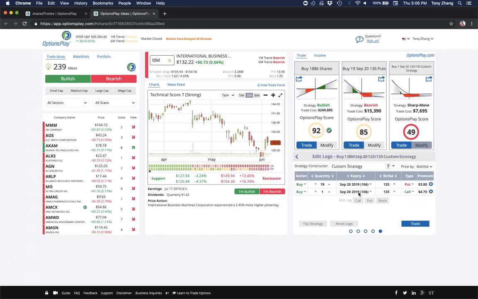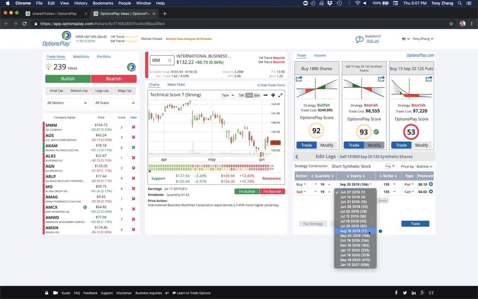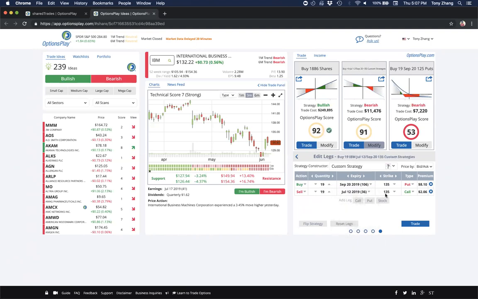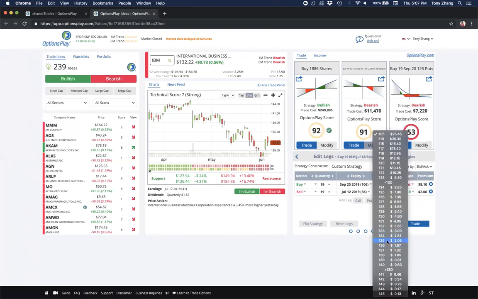So what I would do is sell some options against that. First of all, I would sell shorter-dated options. Let's say I sell a July 135. You can sell an upside put.